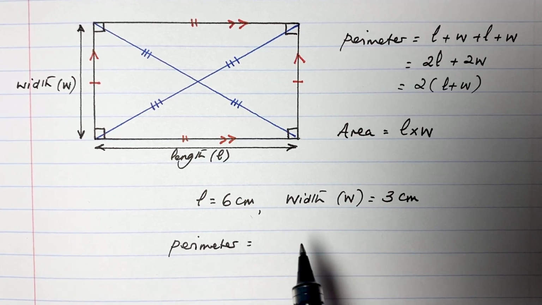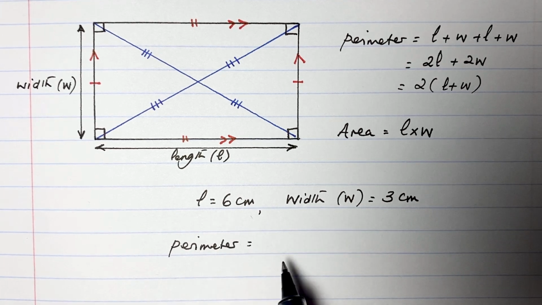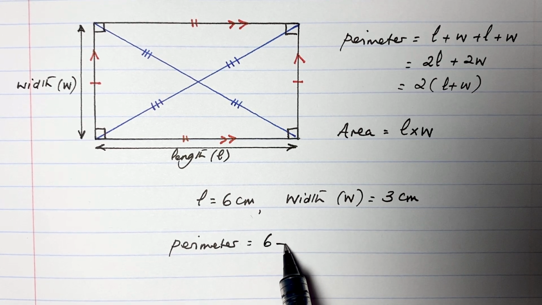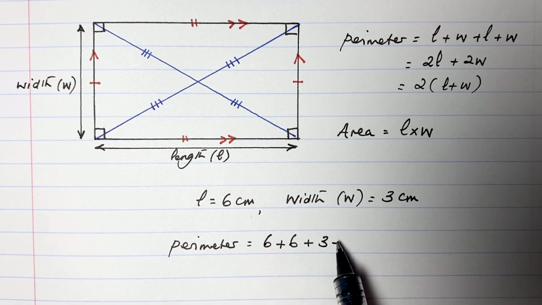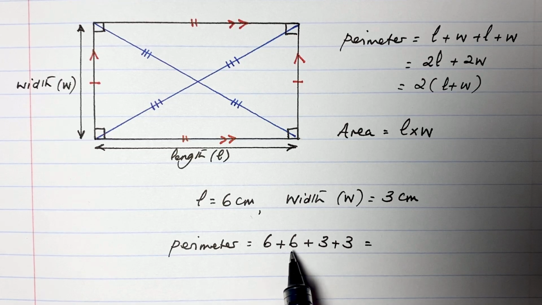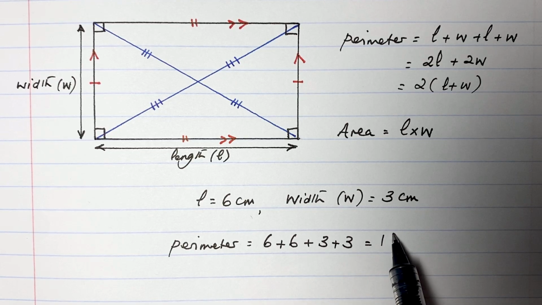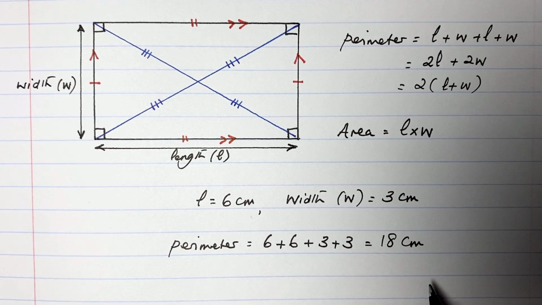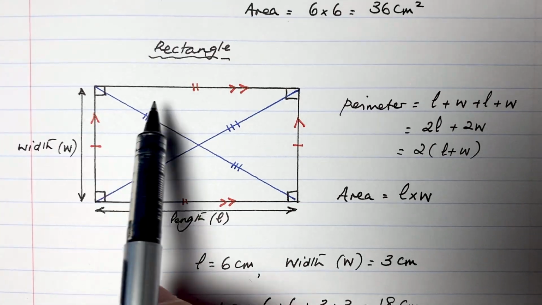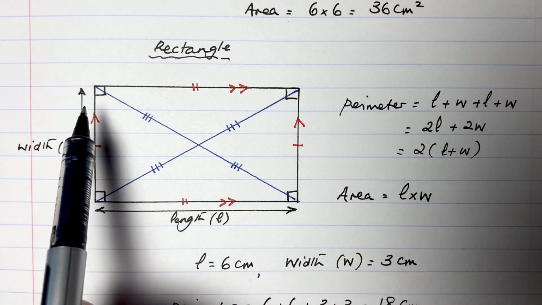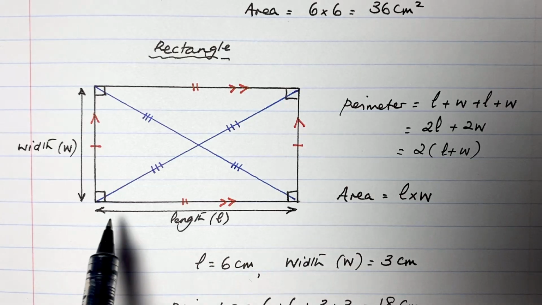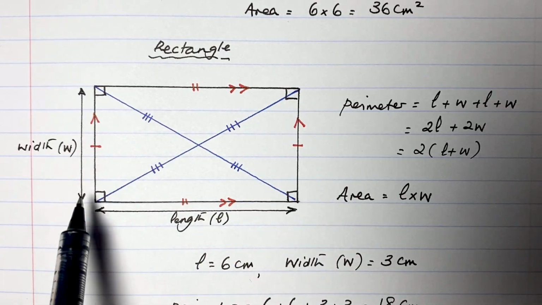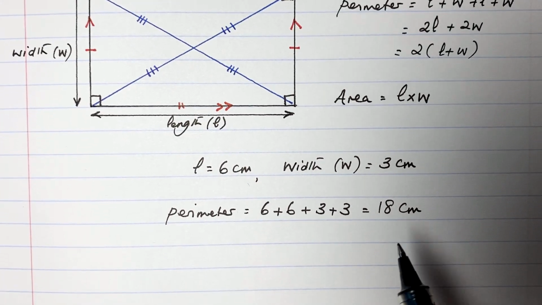Because we have 4 sides, 2 of the sides are length, so we have 6 plus 6, and 2 lots of width, 3 plus 3. That's 12, that's 6. The total length around the shape equals 18 centimeters. So whether you add 2 of these and 2 of those, or add them separately to find the distance around the shape, it will give me the perimeter.